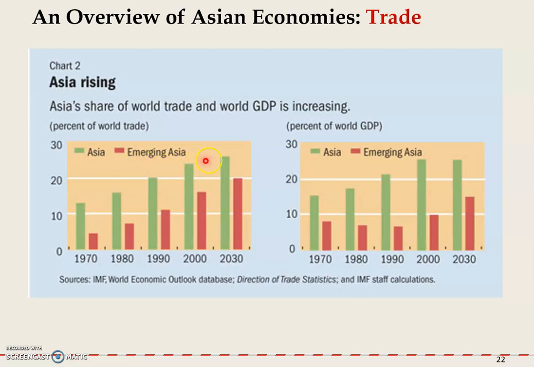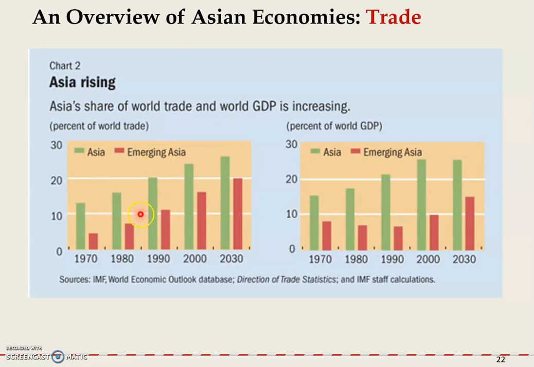As we said before, emerging Asia means Asian economies that, in the past few decades, experienced a relatively high economic growth rate, for example China, India, Indonesia, Thailand. They experienced faster growth than other regions across the world, but they have not yet achieved a high level of income, usually defined as $20,000 per person. That's why they're called emerging Asia.